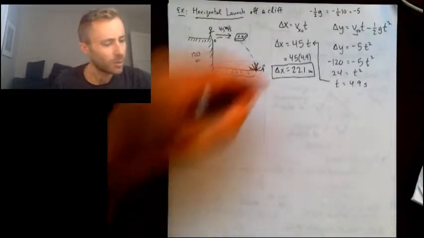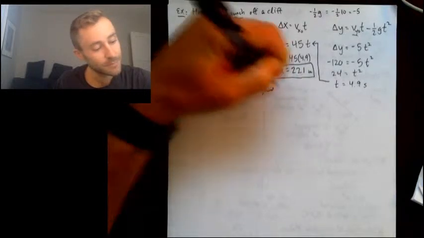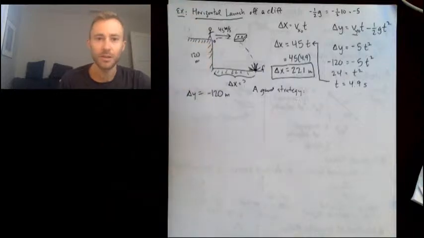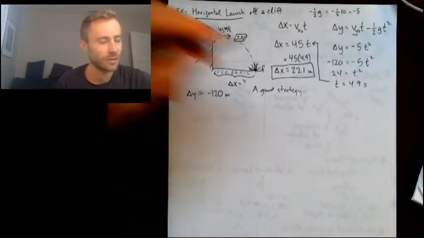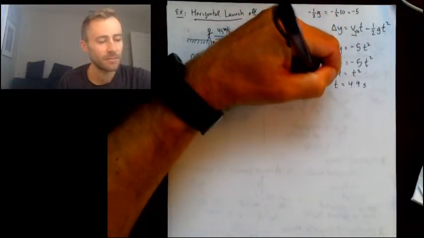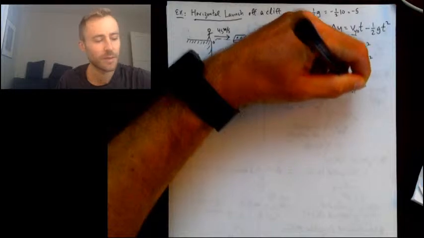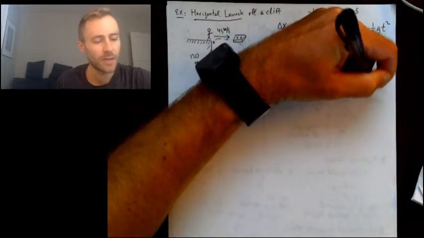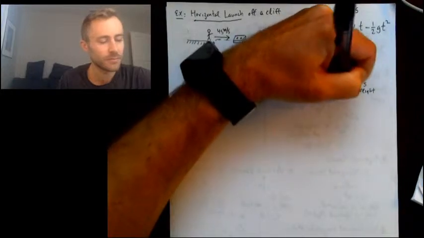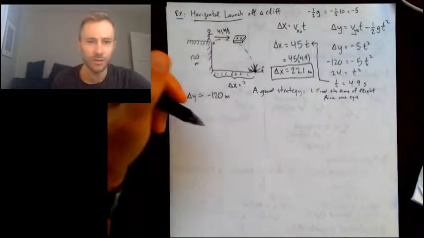I want to talk about a good strategy for projectile motion problems. What you want to do, generally speaking, is find the time of flight from one equation, either the delta y equation or the delta x equation.